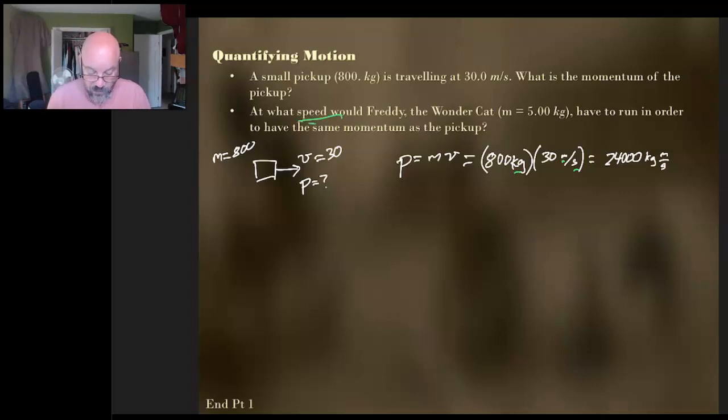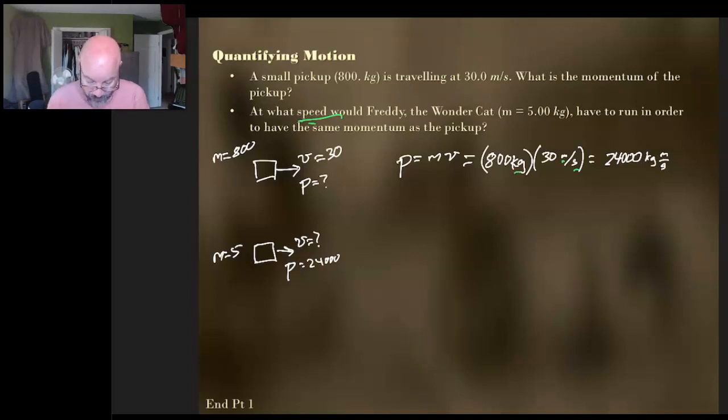Anyway, now the next one says: what speed would Freddie the Wonder Cat have to run in order to have the same momentum as the pickup? So again, what we'll do here is represent Freddie as an object. Freddie's mass is 5. In this case, we don't know the velocity, but we know the momentum has to be 24,000.